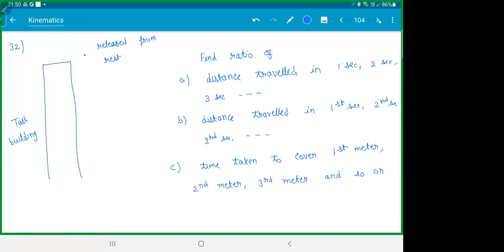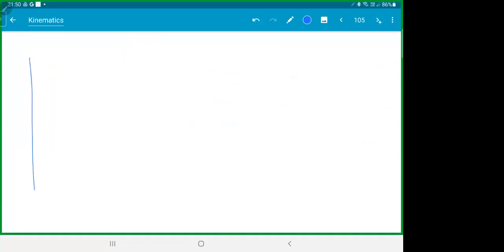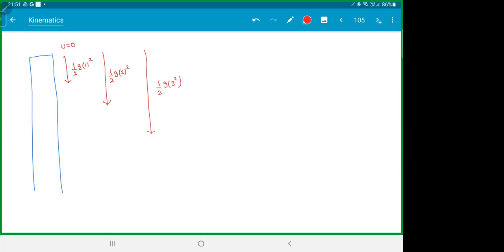See this, everyone. The first part. We have a building here. You dropped it from rest. So in 1 second, you will travel how much? Half g, 1 squared. In 2 seconds, half g, 2 squared. In 3 seconds, half g, 3 squared. So the first part's answer would be 1 squared is to 2 squared is to 3 squared is to 4 squared, and so on, n squared. Are you getting this?